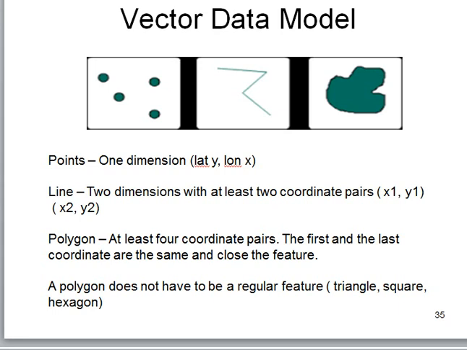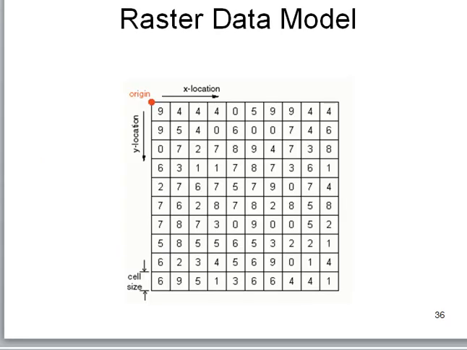We've started working with shape files, and you created points out of a CSV file. You created points and lines and polygons using KML in Google Earth. And so when we look at elevation, we're going to switch to the raster model for data. We're going to be looking at a digital elevation model.